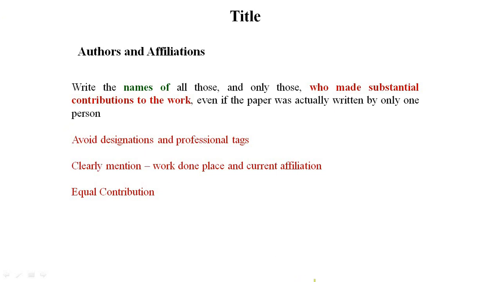Okay, and in some cases, you and another student or colleague might have contributed equally to the paper, but there will be a conflict about who should be the first author. In those cases, go for the phrase equal contribution. You may use an asterisk or a similar symbol to indicate that these two or three authors contributed equally.